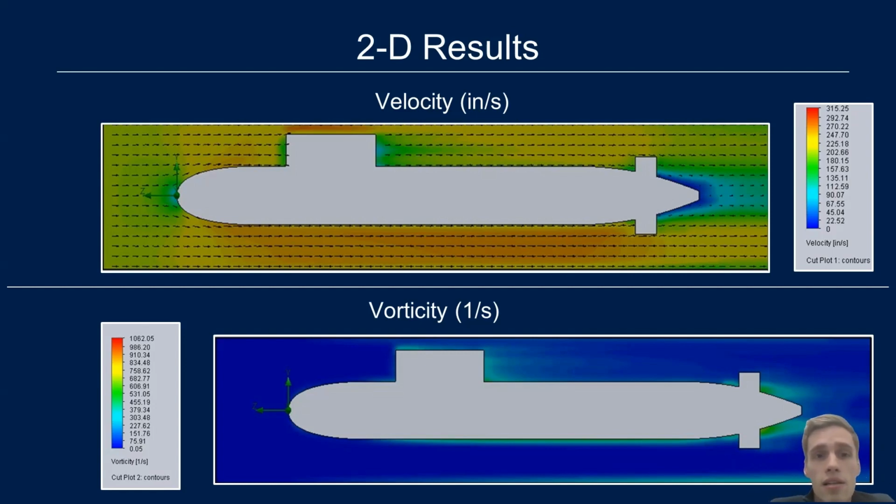Now behind the sail, as well as past the rudders around the back end of the submarine, we can see lower velocity zones, even going to what seems to be zero. And this is due to a couple of reasons: flow direction, as well as the geometry and shape of the structure.